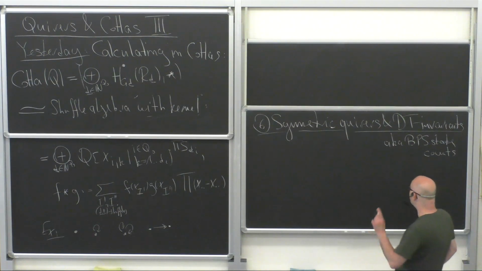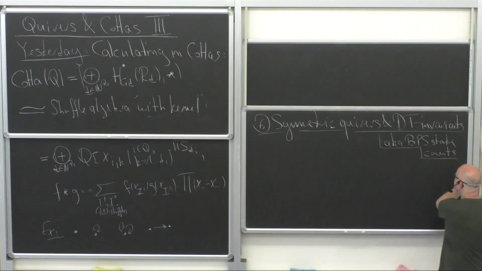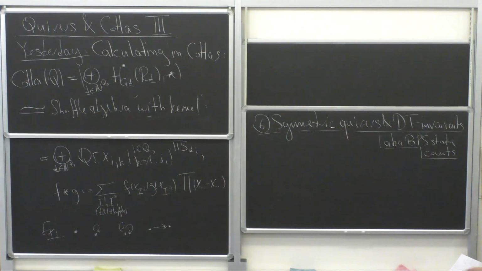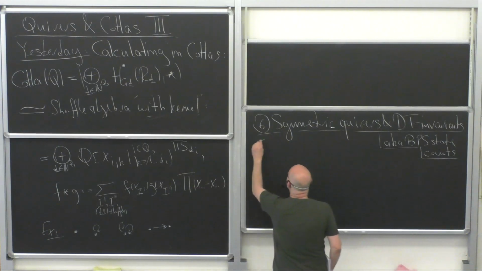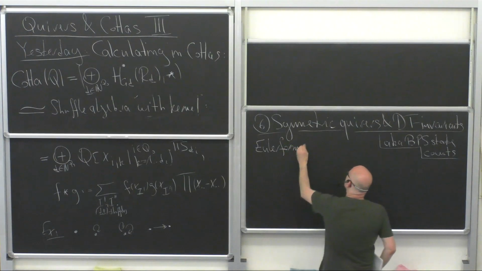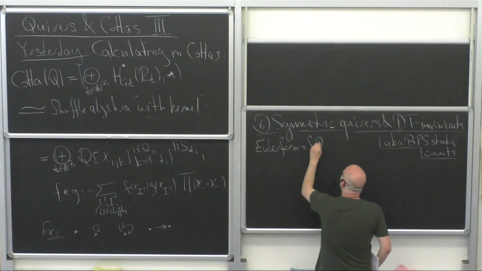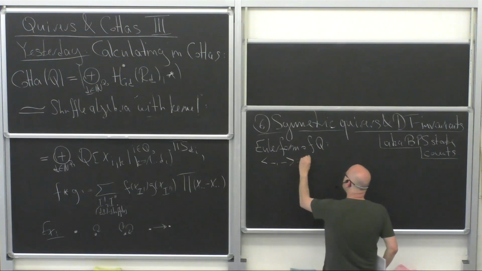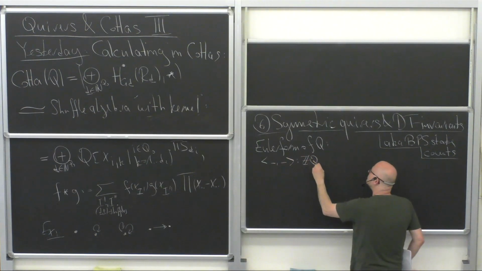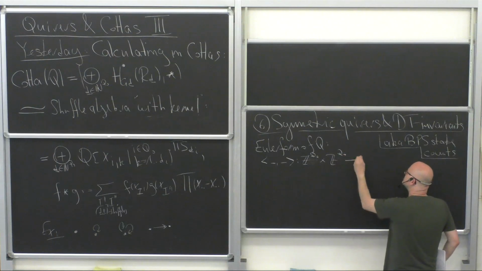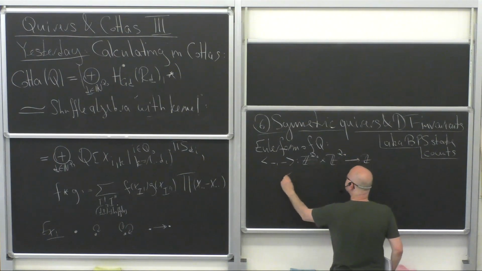All right, so first of all, let me introduce one tool which I already wanted to introduce yesterday, but I just didn't need it, the so-called Euler form of the quiver Q. This is a non-symmetric bilinear form on tuples of integers, Z^{Q_0} times Z^{Q_0} to Z, and it goes as follows.